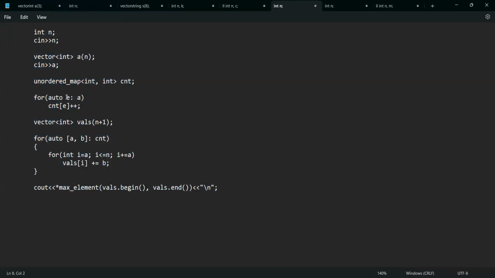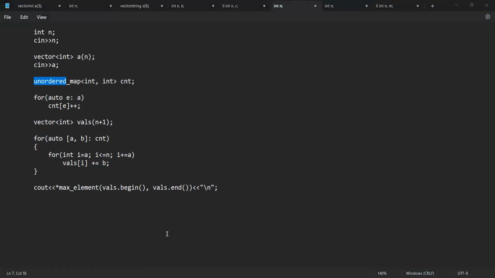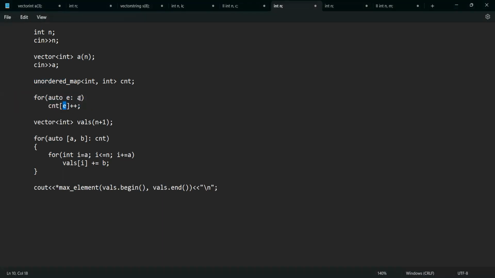And in this, for counting, I've used an unordered map because this doesn't add any extra time complexity constraints, right? So first of all, I'm counting how many times a value is appearing in A. Then vals is how many frogs can be caught in the ith coordinate.